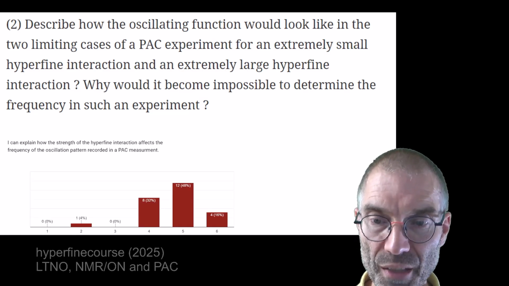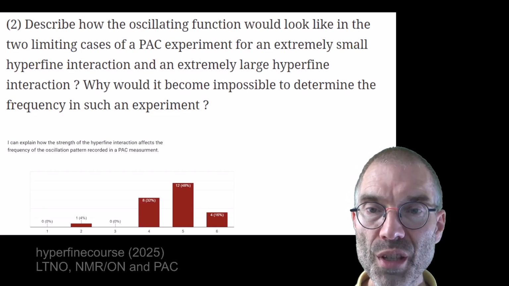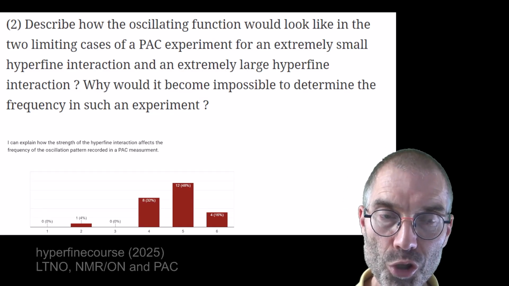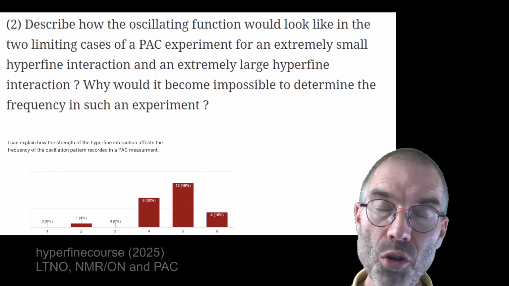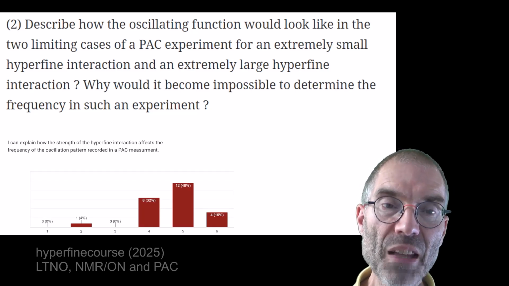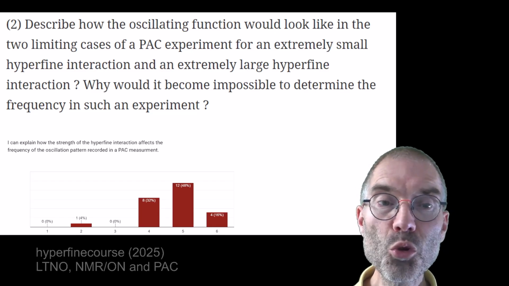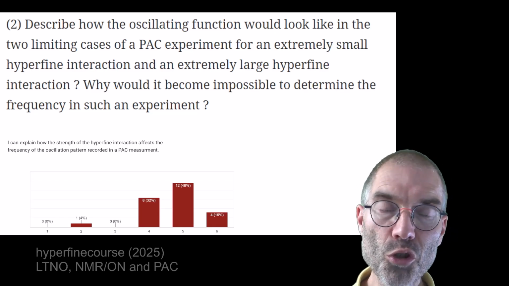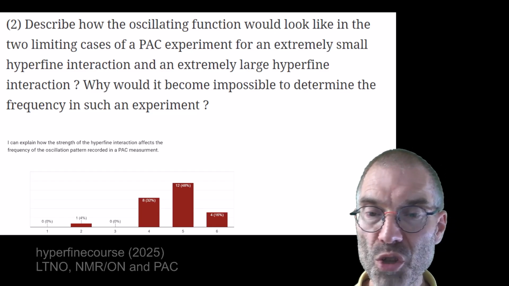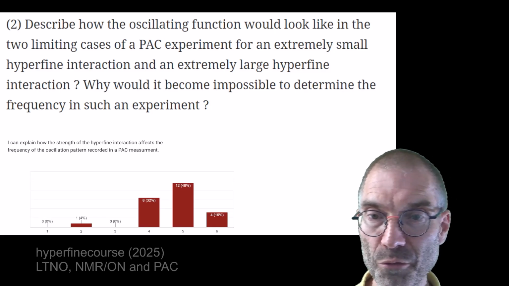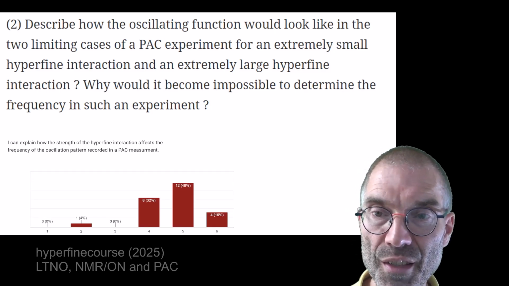And that is what this next question is about, that oscillating function that is on top of the exponential decay, and which in a measurement you remove that exponential background such that you can only look at the oscillating function. That is where your information is located.